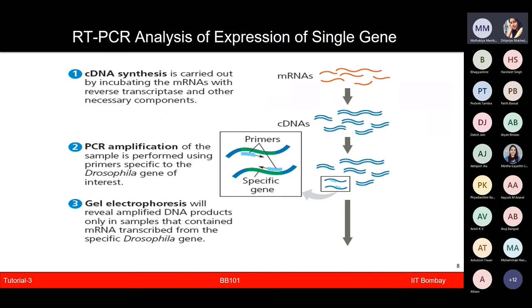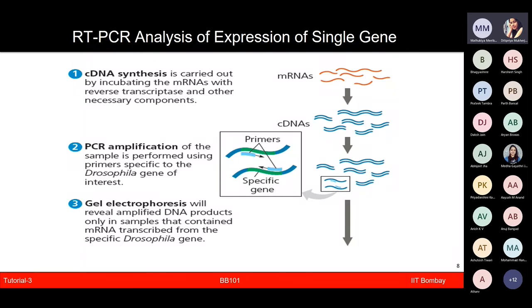If you already know transcription, in the case of eukaryotes you'll see there is a processing step where the intron regions of the mRNA get spliced off, right? That is pre-mRNA, and after splicing off the unnecessary intron regions, it forms the actual processed mRNA. When this mRNA is made double-stranded into cDNA, that is only the coding part.